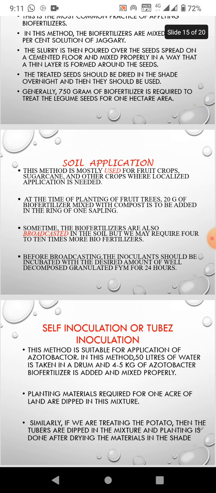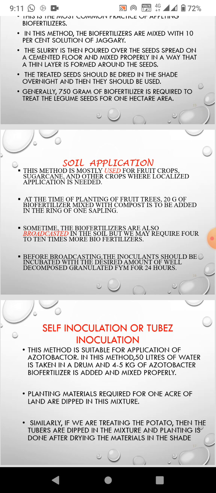Soil application. This method is mostly used for fruit crops, sugarcane and other crops where localized applications are needed. At the time of planting of fruit trees, 20 gram of biofertilizer mixed with the compost is to be added in the ring of one sapling.